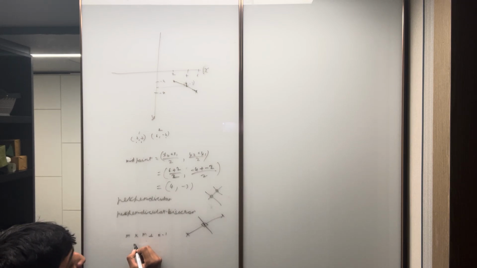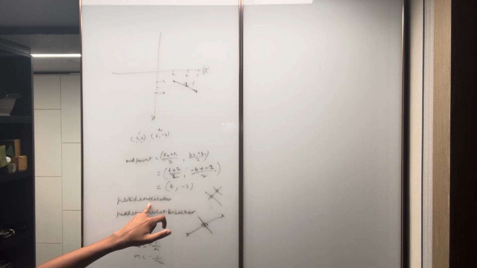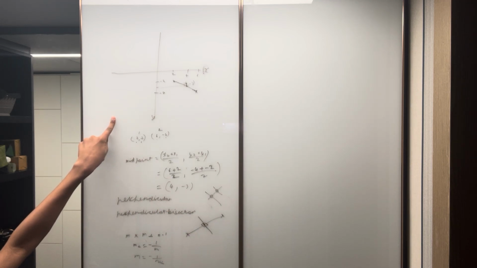So when you want to find the perpendicular bisector's gradient, you get the negative reciprocal of the gradient. And for the normal one, also the negative reciprocal of the gradient. This is what connects the perpendicular to the line, right?